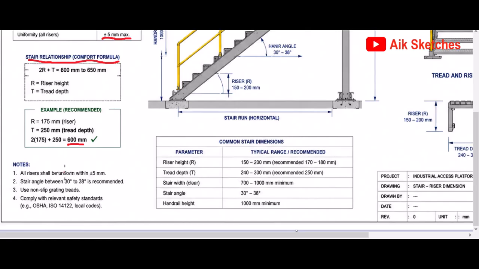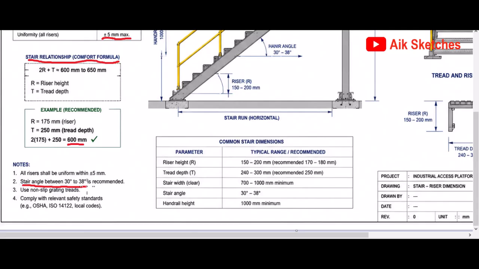It simply says that for a riser R of 175 millimeters and a tread depth T of 250 millimeters, these two pass the test for the comfort of the stair. If you do the calculation and you get any figure below 600 or above 650 millimeters, it means it doesn't pass the comfort formula test.